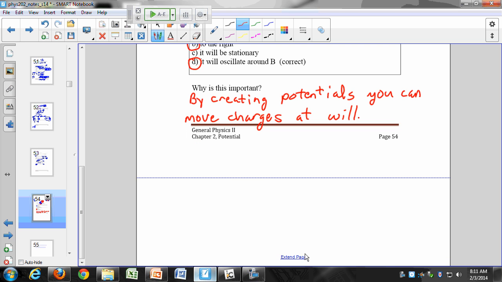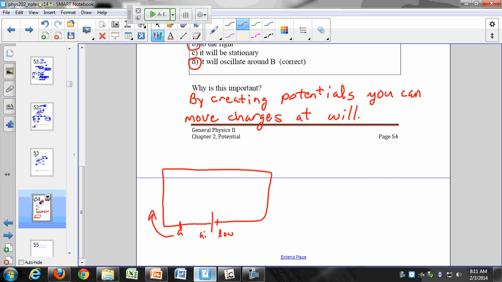When I talk about this in a circuit, for example, with a battery, say I have a battery here. This is a battery symbol. And I'm moving charges through this wire. This is going to be my high potential, and this will be my low potential.